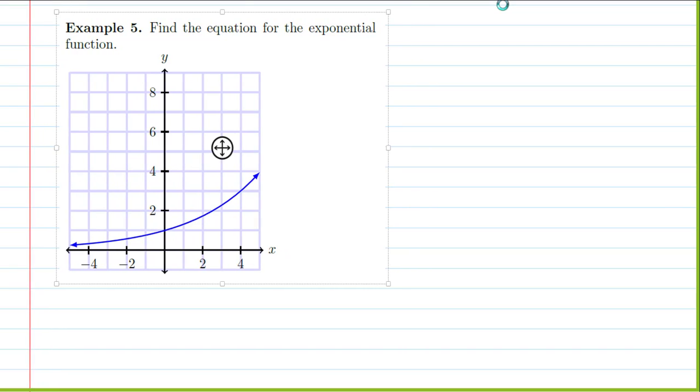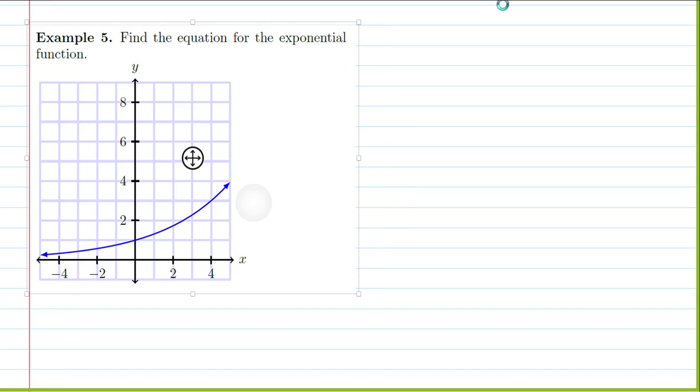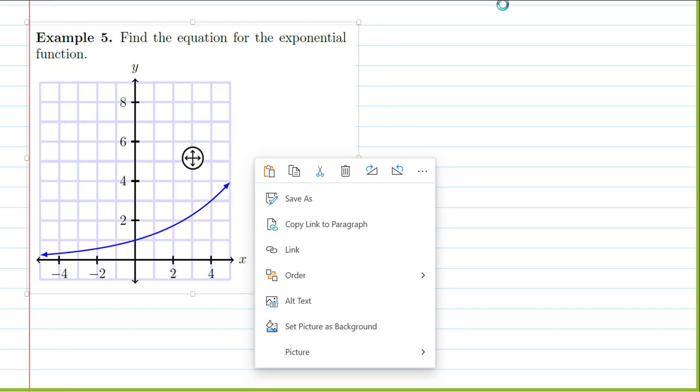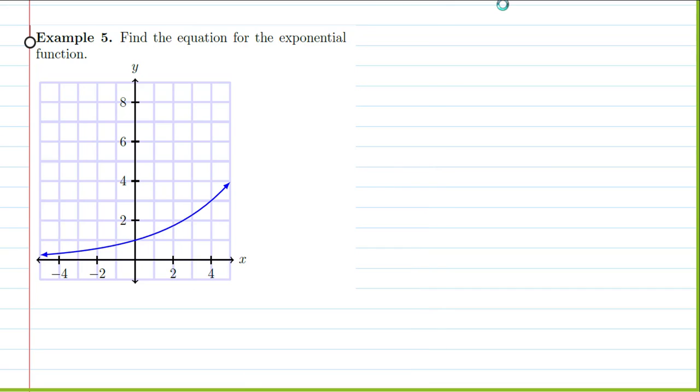So we want to find the equation of this exponential given this graph. Okay, so it's actually the same problem that we just did. So we identify our points. Well, we have 0, 1, and then we have another point over here, which is 4, 3, right?